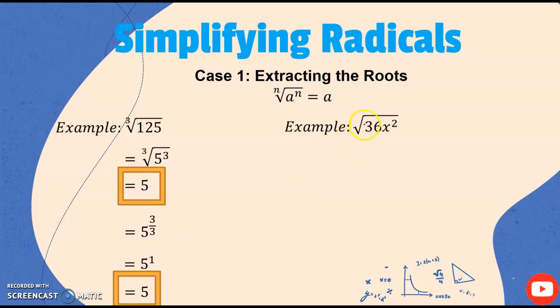Then let's have another example. Square root of 36x squared. First you need to express the number into a perfect nth power, right? So what is the perfect nth power of 36? If you still remember, you can express 36 as 6 squared.